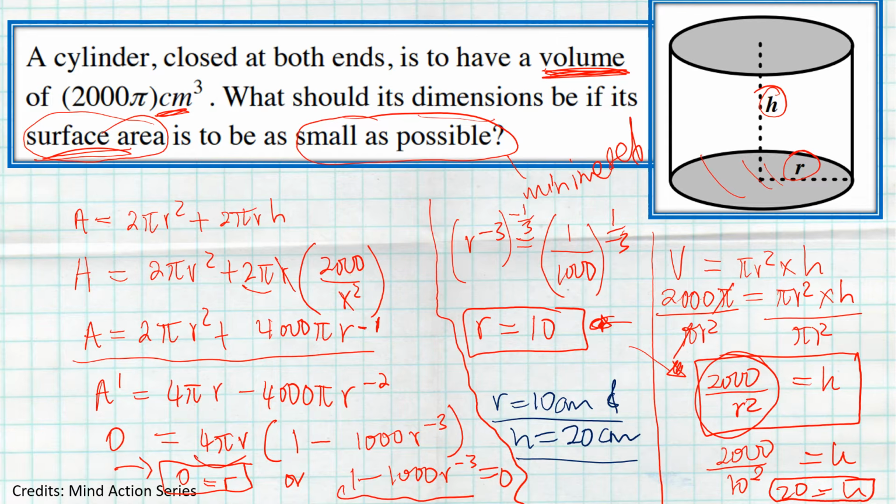Okay, let me just repeat what we did here. When you are solving optimization problems, you have to create an equation for something that you want to minimize or maximize. In this case, we wanted to minimize the surface area, hence we had to write the equation for surface area. Then the next step is to derive that equation.